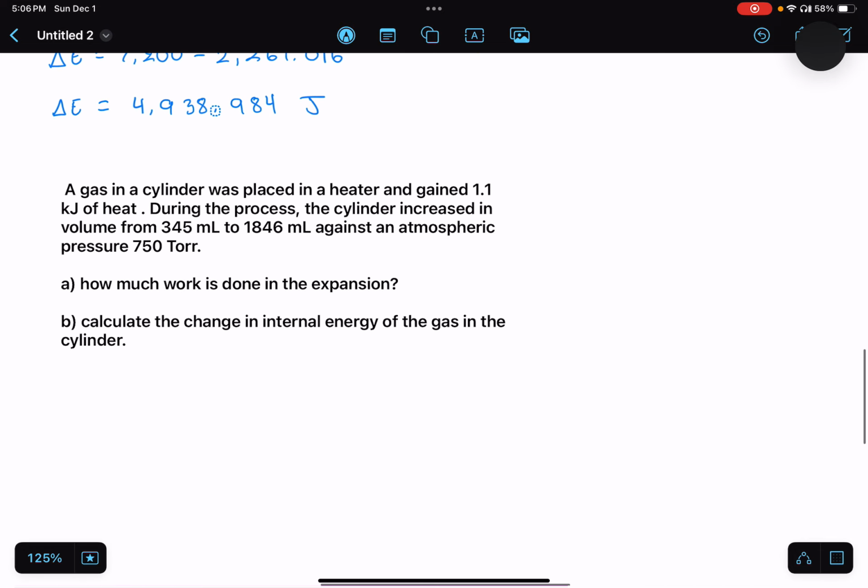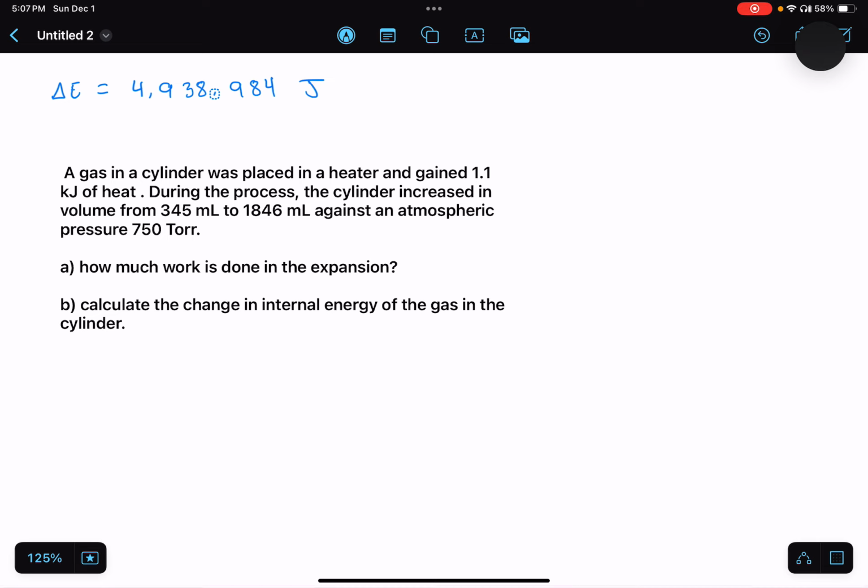Next question. A gas in a cylinder was placed in a heater and gained 1.1 kilojoules of heat. We get Q right away, that's good. So Q equals 1.1 kilojoules, or 1,100 joules. During the process, the cylinder increased in volume from 345 milliliters to 1,846 milliliters against an atmospheric pressure of 750 torr.